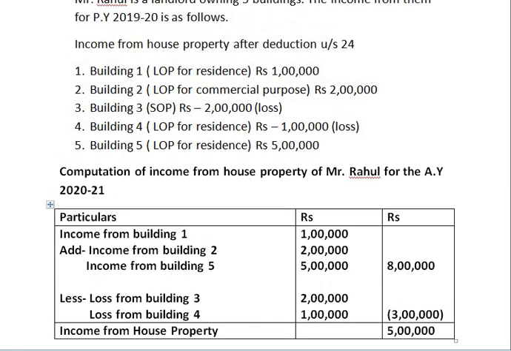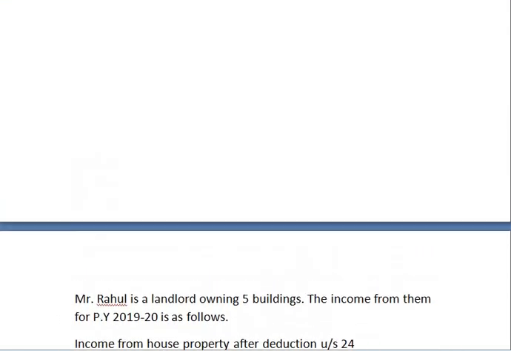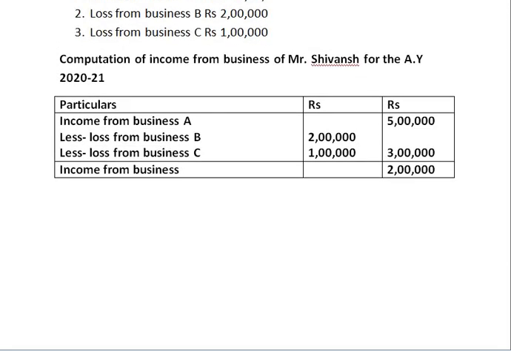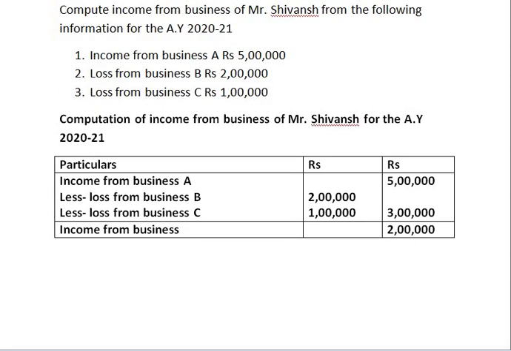In first sum, we have solved a sum on income from business, wherein you are given income from business A as well as loss from business B. Always first take positive figure, that is income, and then you set off the losses against the profits.